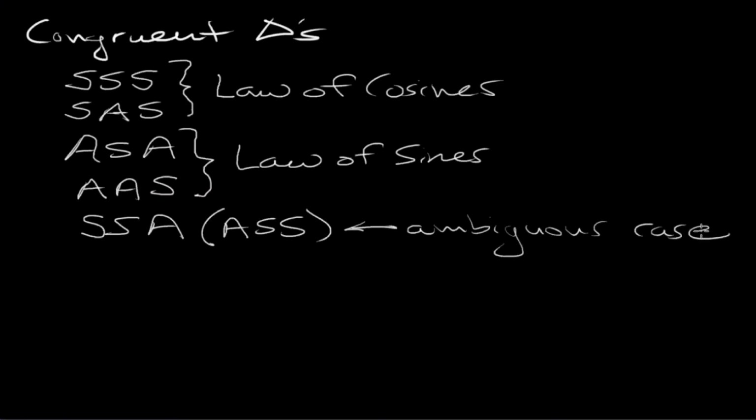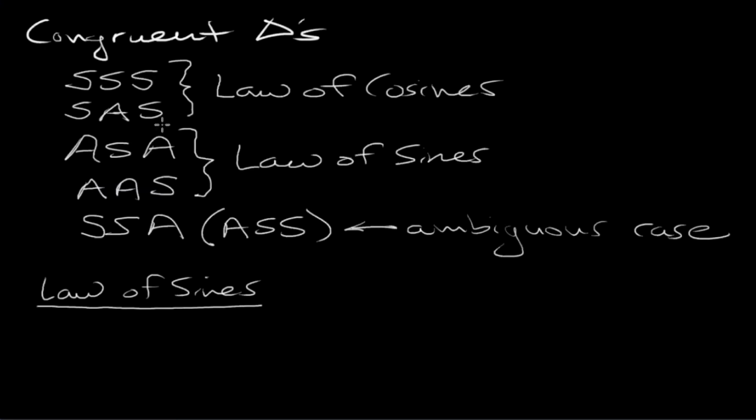We should probably talk about what the law of sines and cosines are. You guys are probably going to recognize the formulas for them. So for the law of sines, in English, it says that the sine of an angle is proportional to the length of the side opposite that angle.